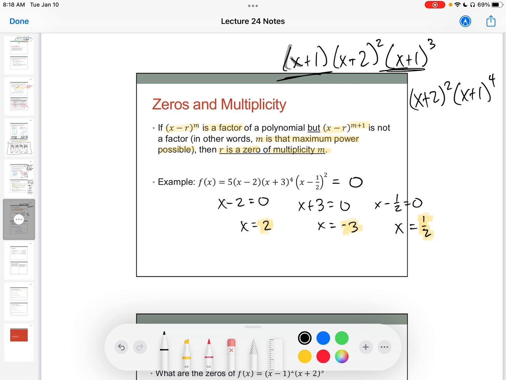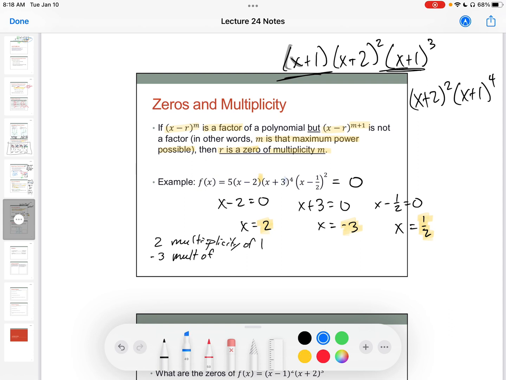Now my 2 has a multiplicity of, what's the exponent that is there with my 2? Well, it would be a 1. 2 has a multiplicity of 1. Negative 3 has a multiplicity, and I'm just going to abbreviate it there, of, what's the multiplicity of negative 3?